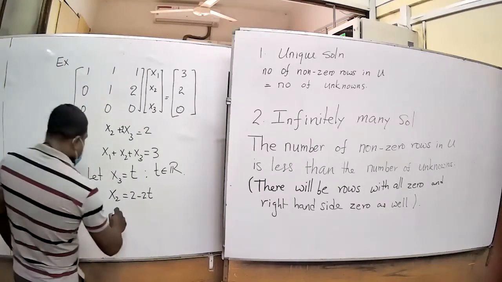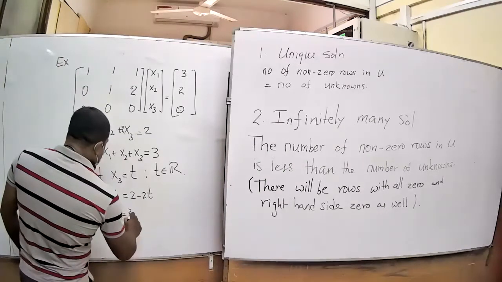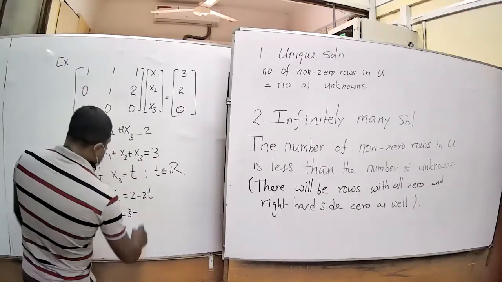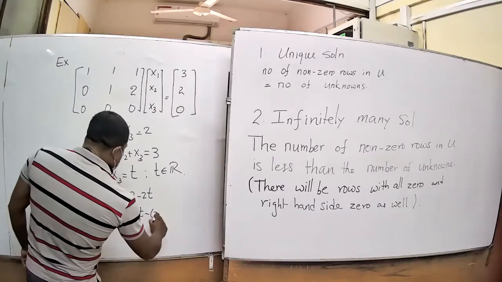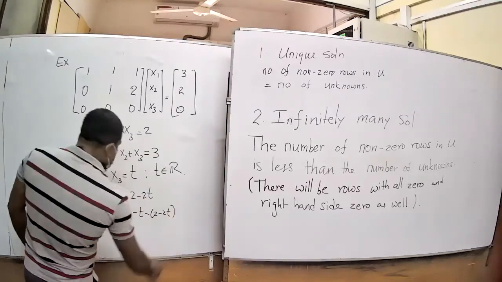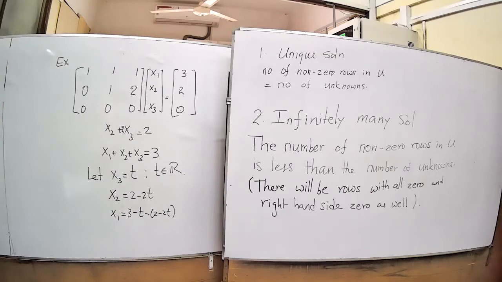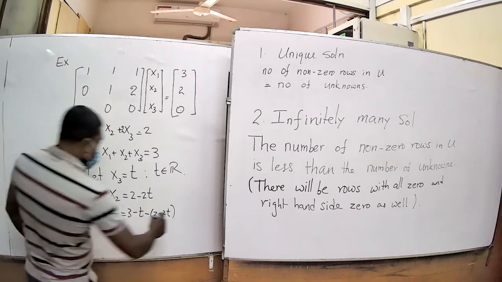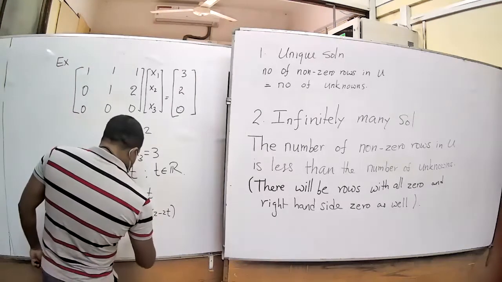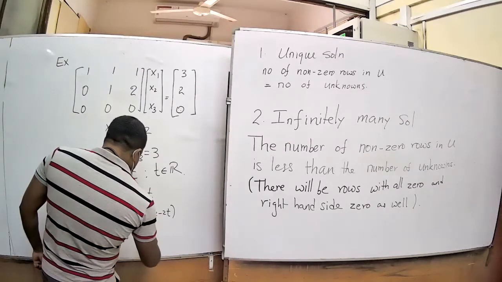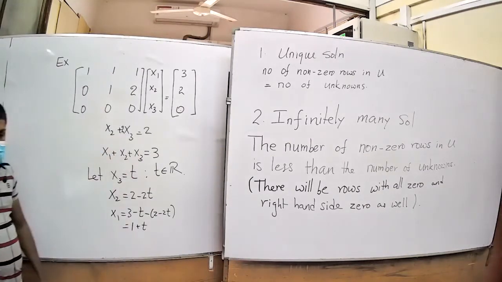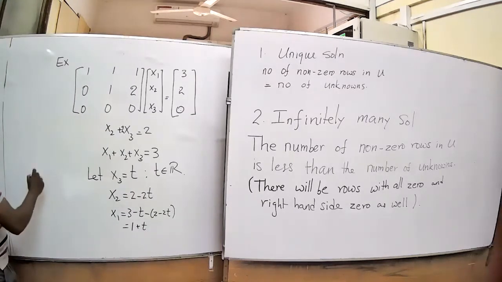x1 you can write, x1 is equal to 3 minus x2 minus x3, that is 3 minus t minus (2 minus 2t). So if you simplify, you get 3 minus 2 is 1, minus t plus 2t is 1 plus t. Okay, so your solution is this.